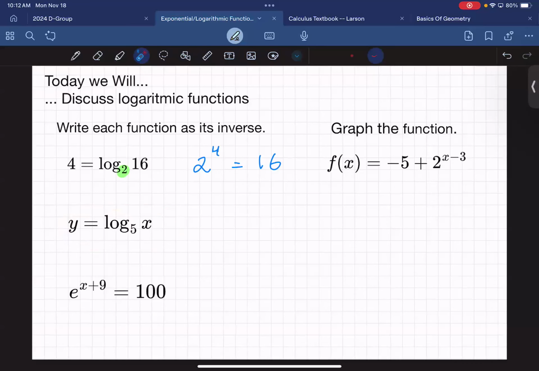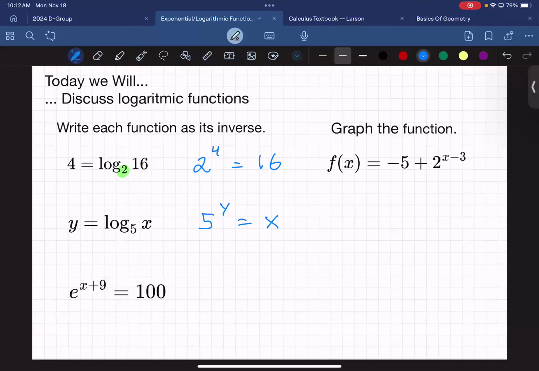So the 5 needs to move. It's still the base, but now it's the base of an exponential. I understand that's going to be helpful because, like we said, when we write the inverse statement, it helps with inverses themselves. Exponentials are 1-to-1, logarithms 1-to-1. So going back and forth is definitely something that we're going to work on as we deal with these things.